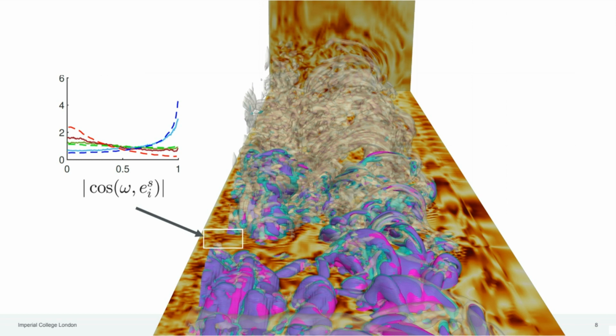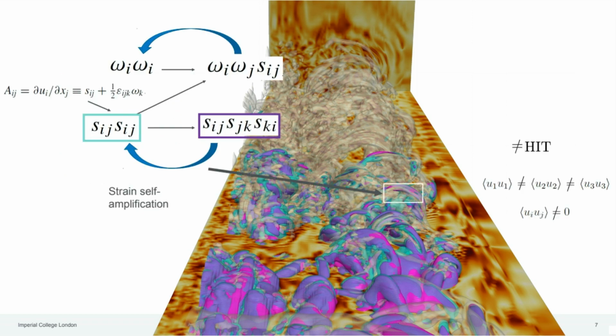So the transparent isocontours that you see here are the Q criterion, which I have made transparent. And what you see here, the light green are the contours of strain, and the purple ones are the production terms of it. So in many cases, they just superimpose on each other.